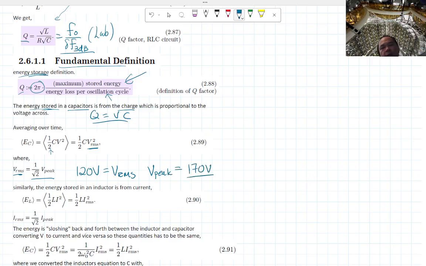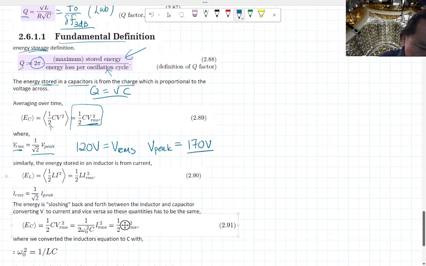So if you want to test something with the outlet, I don't suggest you do it directly. The highest amplitude voltage you have to worry about is 170 volts, not 120 volts. Anyway, the energy stored in a capacitor is 1/2 C times the RMS voltage squared.